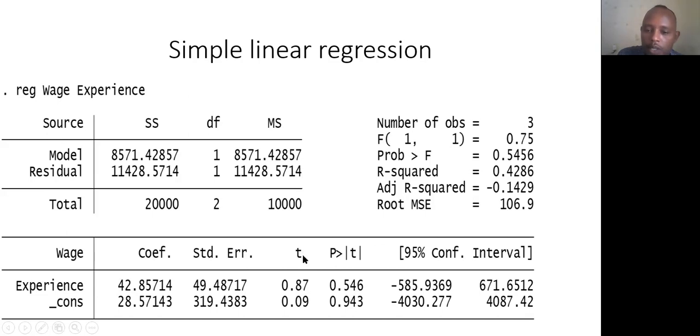Here we have two options to test the significance of the independent variable. One, we compare the computed t-value with the tabulated, standardized t-value. If the calculated t-value is greater than the tabulated t-value, at that time our independent variable is significant.